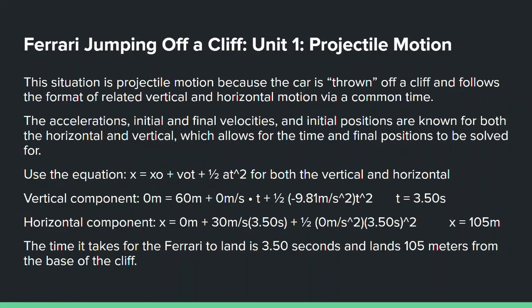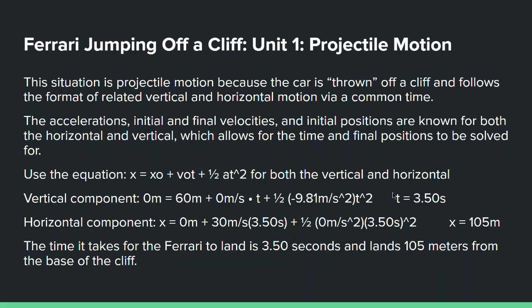Alright, so this situation deals with projectile motion because the car is essentially thrown off the cliff, and it follows the format of projectile motion with related vertical and horizontal motion because of a common time. And the only force that is acting on the car as it drives off the cliff is the force due to gravity.